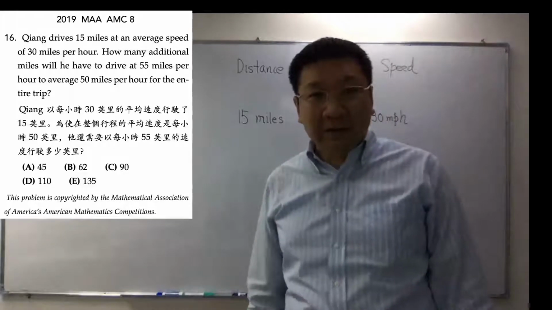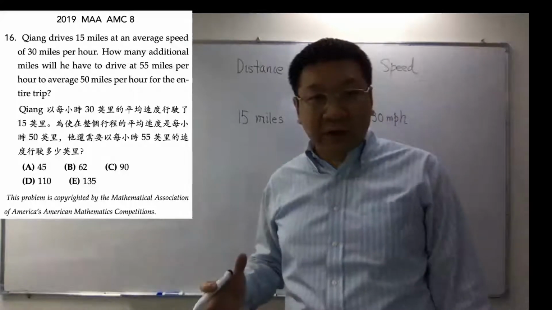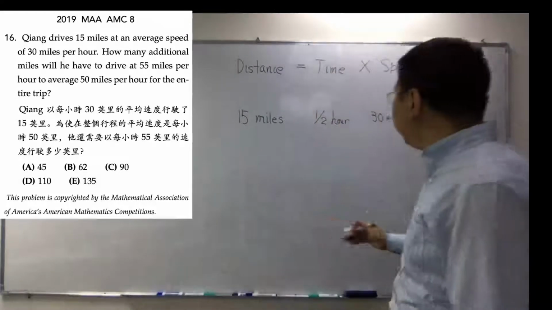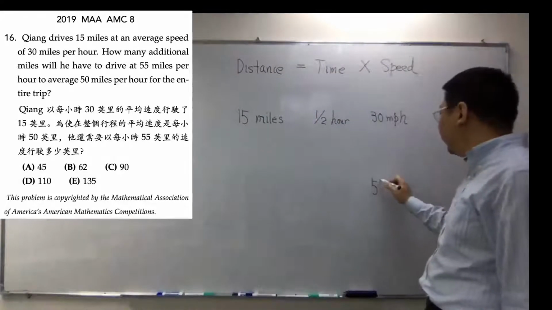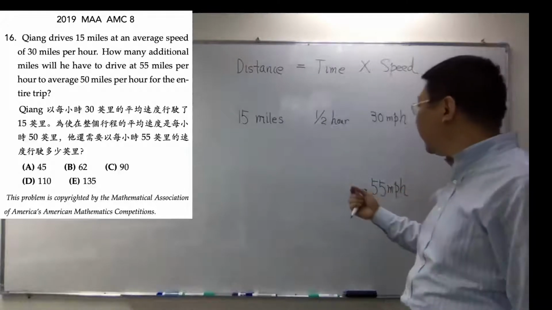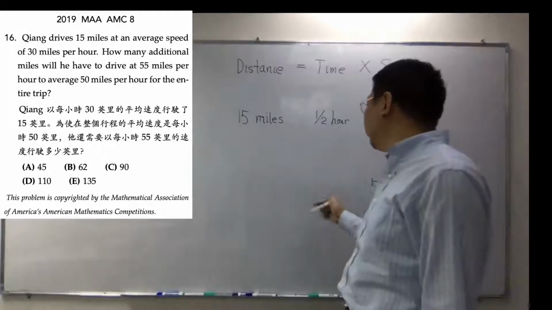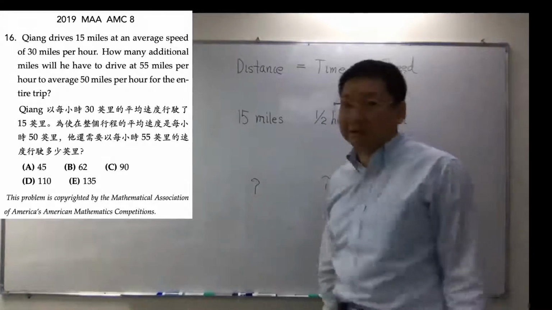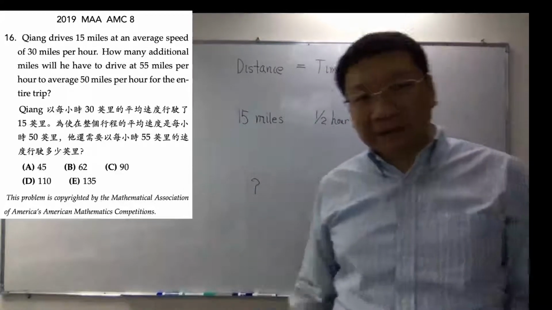And then, for the second part of the journey, his speed becomes much faster, which is 55 miles per hour. Okay, do we know how much time was spent? No, we don't know. Do we know what the distance is? We don't know yet. So that's about the second journey.